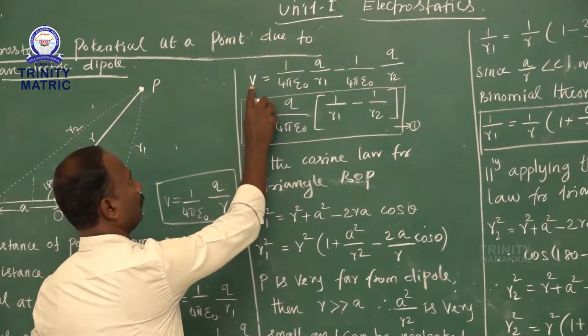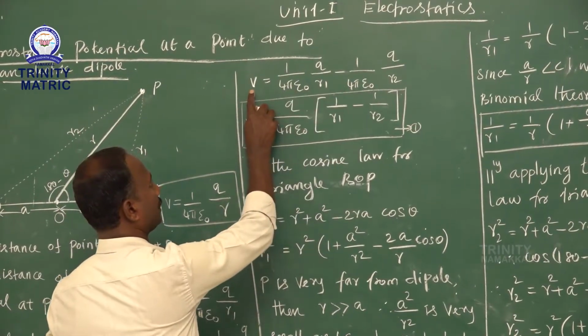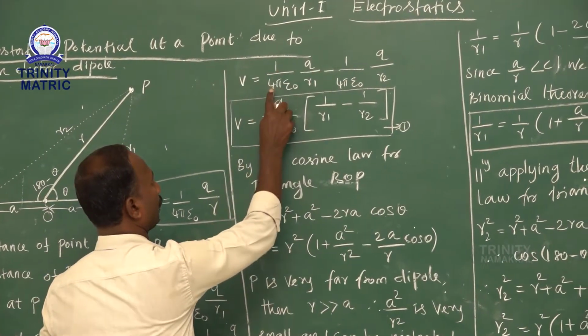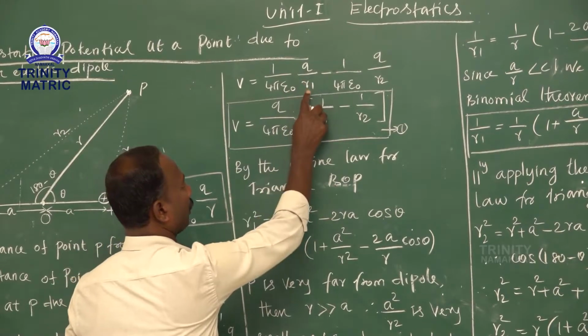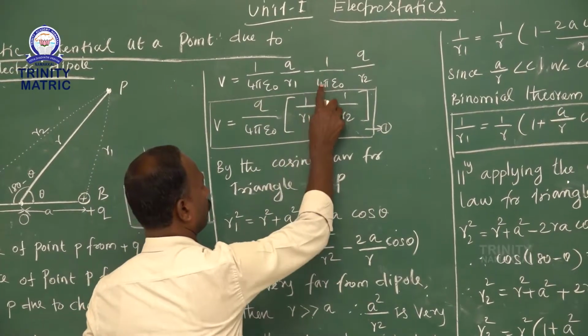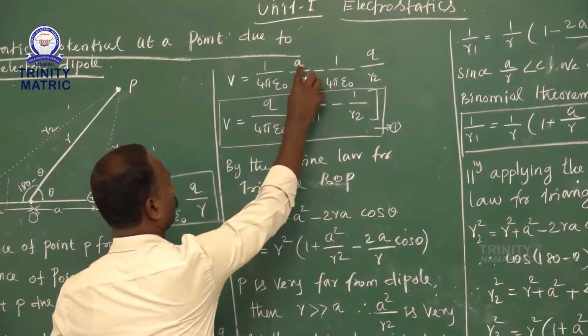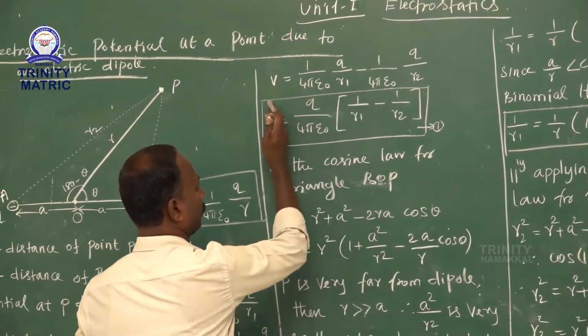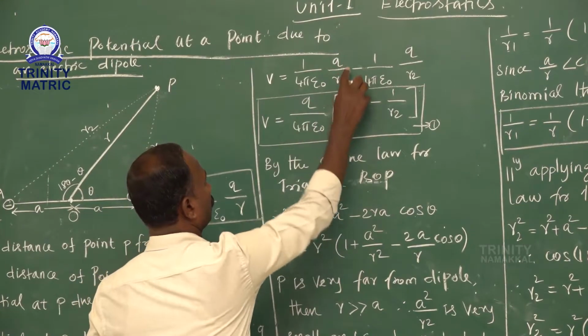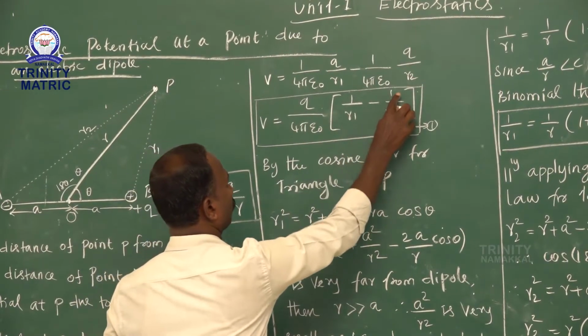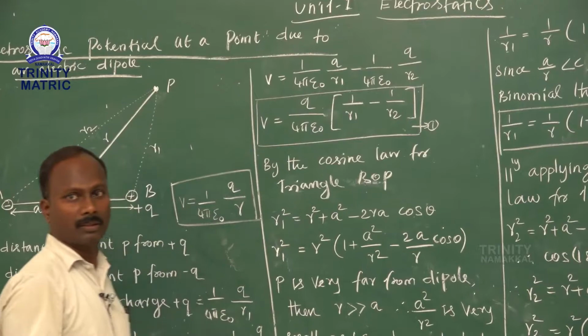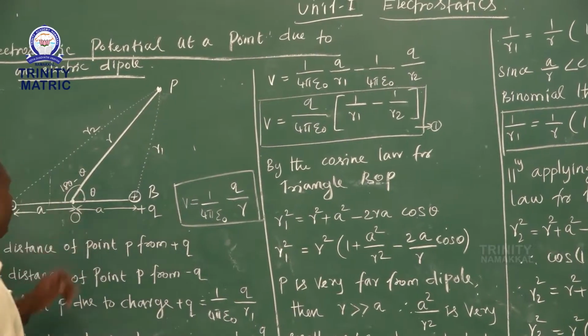Substituting the values of V1 and V2, we get V is equal to 1 by 4 pi epsilon naught Q by R1 minus 1 by 4 pi epsilon naught Q by R2. Taking Q by 4 pi epsilon naught as common, the remaining value is 1 by R1 minus 1 by R2.